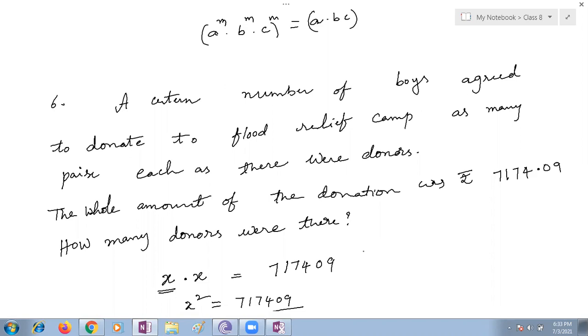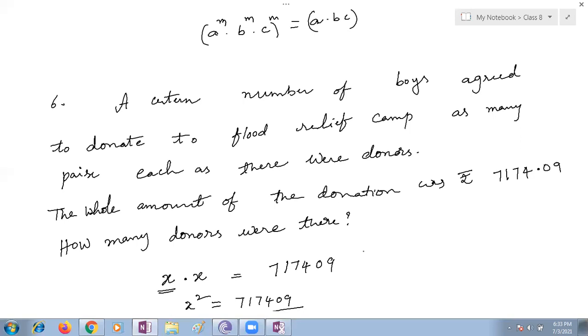One minute, children. A certain number of boys agreed to donate. Each gave as many paisa as there were donors. How many donors are there? The same number of paisas are being collected. Ma'am, now I understood.